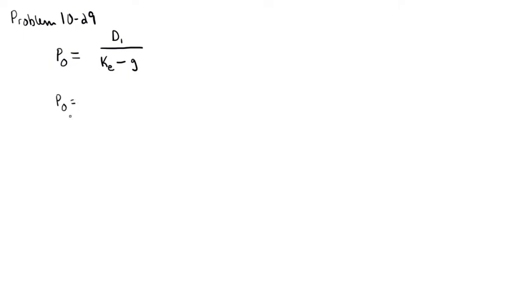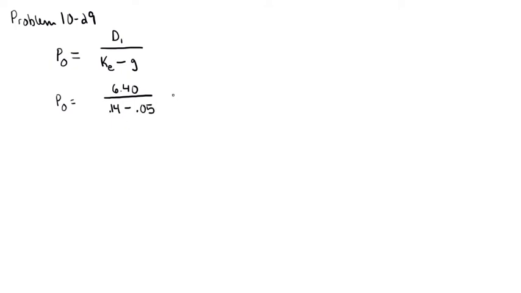Alright, so according to this, Ecology Labs will pay a dividend of $6.40 per share, so that's D1, divided by the expected or required rate of return, which is 14%, 0.14, minus the constant growth rate, which is 5%, 0.05.